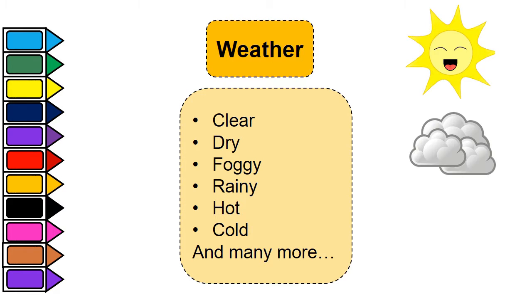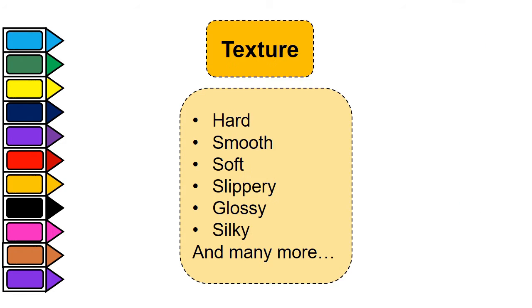Let's take the case of weather, such as clear weather, dry, foggy, rainy, hot, cold, and many other describing words. Let's take the cases of texture, such as hard, smooth, soft, slippery, glossy, silky, and many other textures.